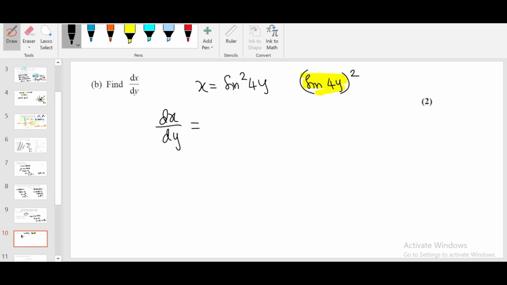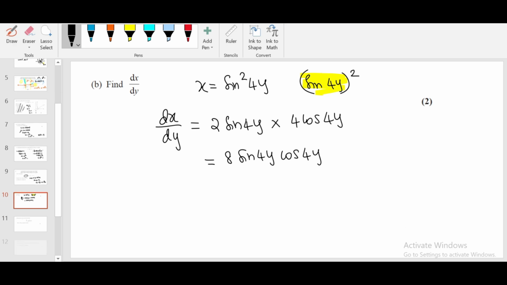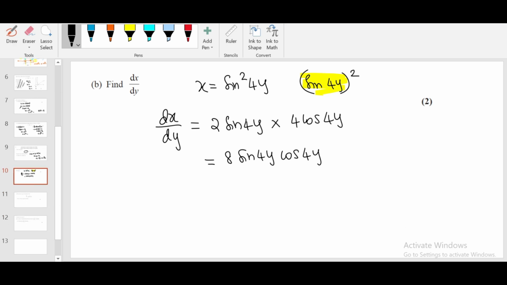So we have u squared, derivative of u square is 2u times, now we need to differentiate the inner function. Derivative of sine 4y is 4 cos 4y. So it's going to be 8 sine 4y cos 4y. Don't apply any trigonometric identities or anything. Just leave it as it is. That's dx by dy. Let's move on to part C of the question.